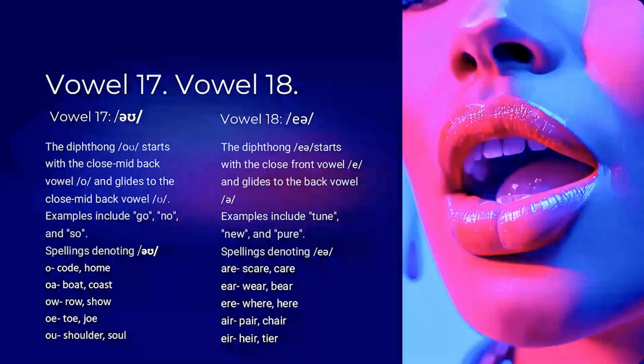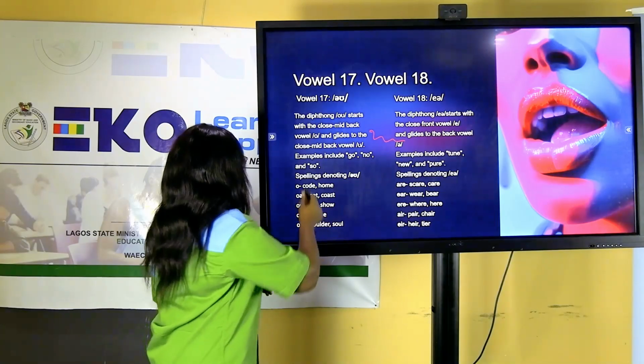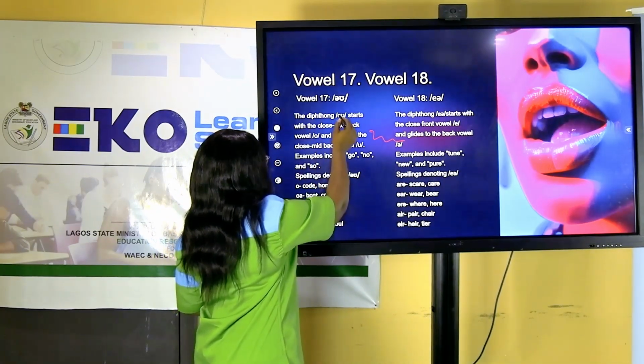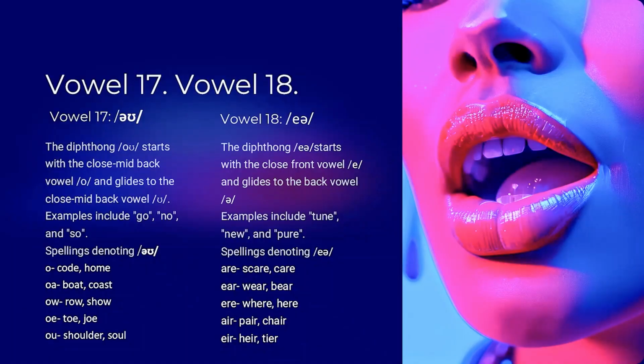Vowel number 17. We have the sound O. Okay?